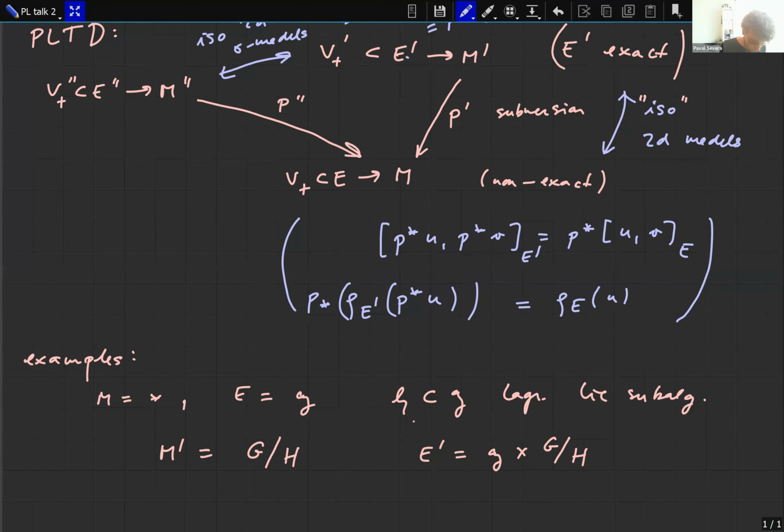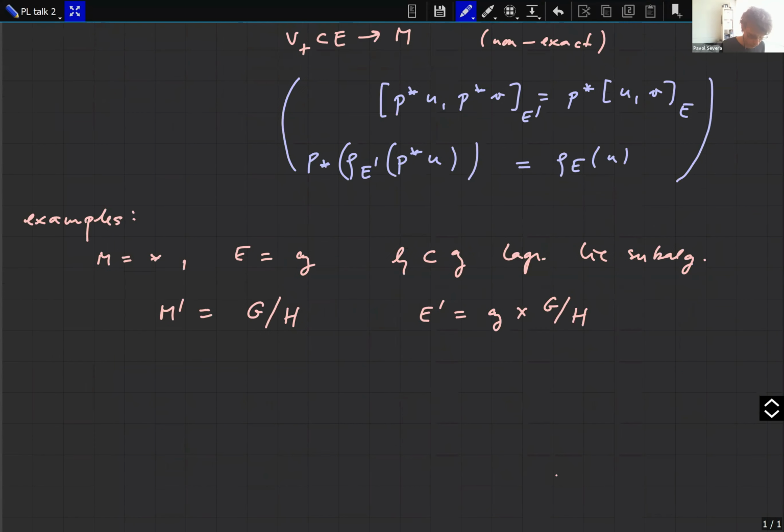Now if you choose two different H's, sorry, I know that H was a Lie subalgebra, now it's a group, but it happens. If you take two different H's, we get that duality. So this is the case with no spectators, meaning that M was just a point.